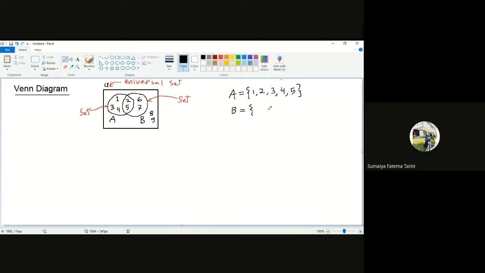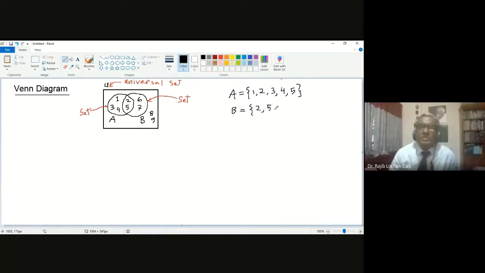So what will be the numbers in set B? Sir, 2, 5, 6, 7. 2, 5, 6, 7. Is it clear to everybody? This is correct actually, but everybody should be clear. You will see the circle of B, then you will find out what the numbers are.